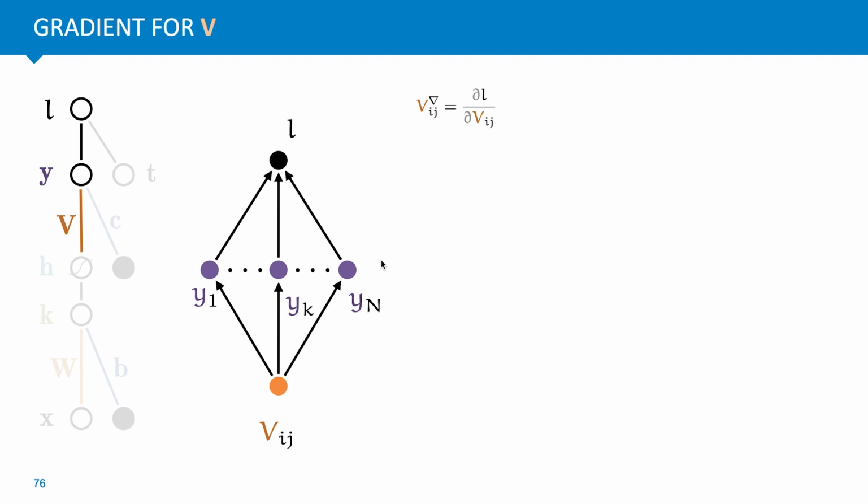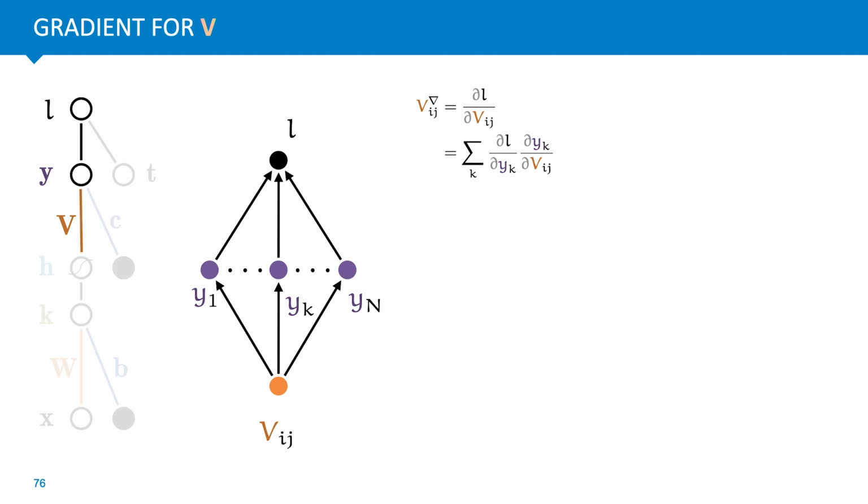Now we know how to do this. We can simply use the multivariate chain rule. And in this case, it tells us to sum over all of these paths. So for every path, every element of the intermediate vector y, we apply the chain rule through that path. The derivative of L over Vij is the derivative of L over yk times the derivative of yk over Vij, and we sum that up for all elements of the vector y.